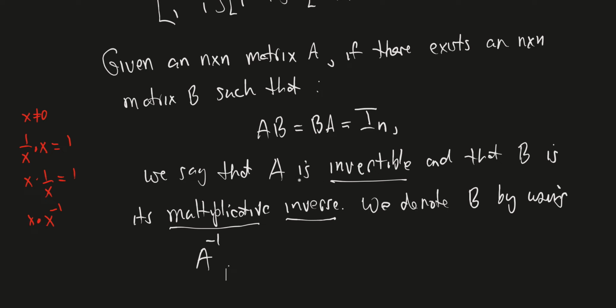And so we still have a couple things to settle, right? Because there's this if. How do we know that there is a multiplicative inverse?